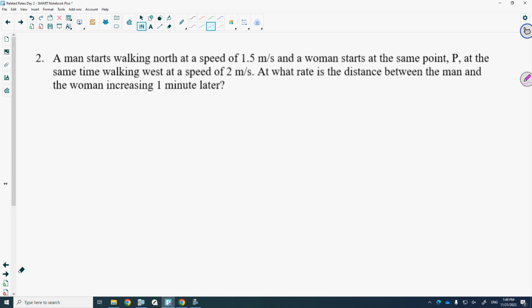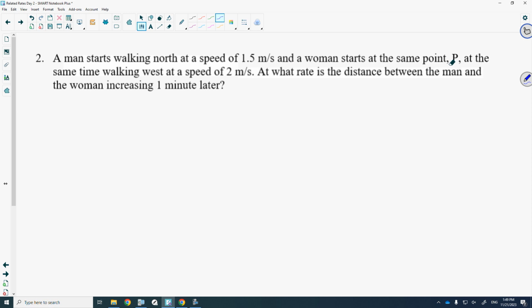Let's do another very similar question, but there's going to be one new piece that we have to try to figure out how we're going to deal with. So a man starts walking north at a speed of 1.5 meters per second. Okay, so the man and the woman are going to start at the same point.